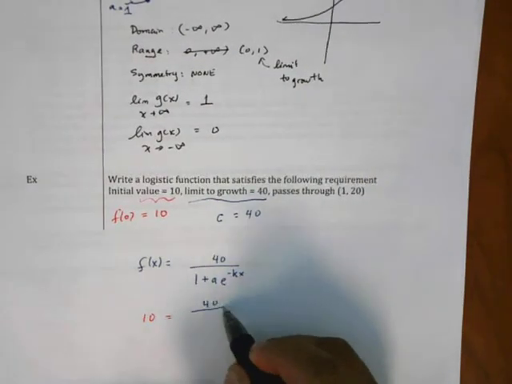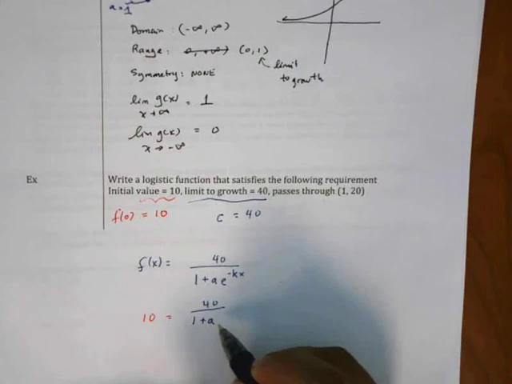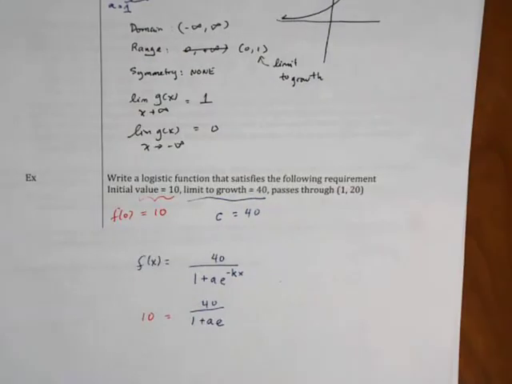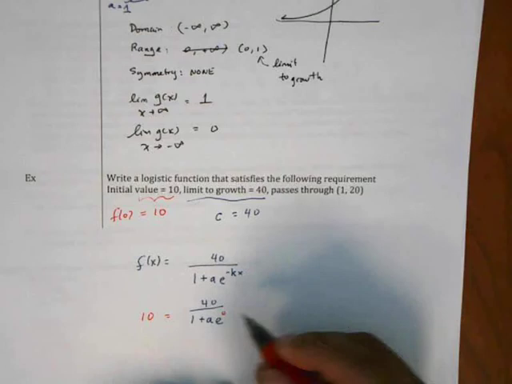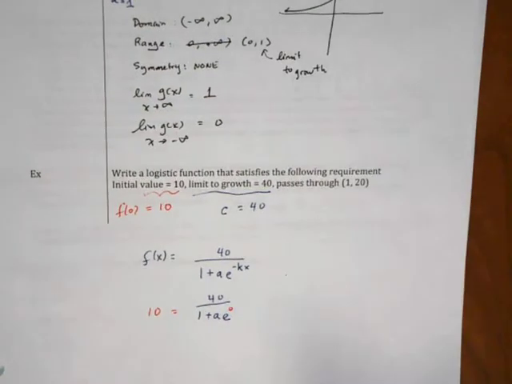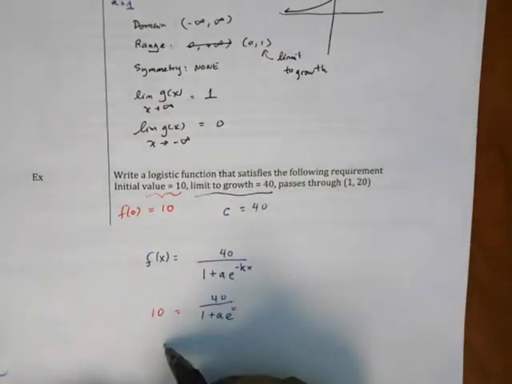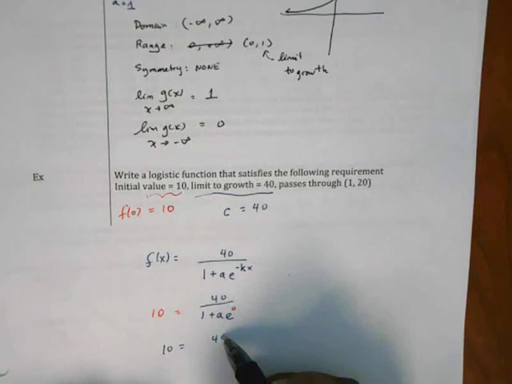So this is 40 over 1 plus a e, and we're putting in 0 here for x, so the entire exponent is going to be 0. This then gives us that 10 equals 40 over 1 plus a.